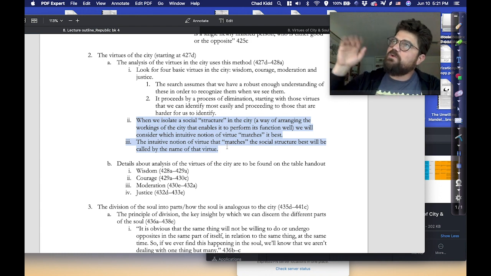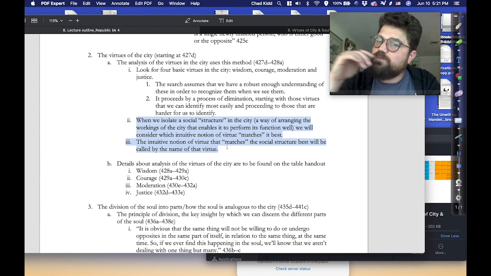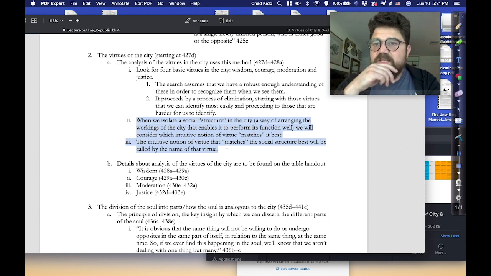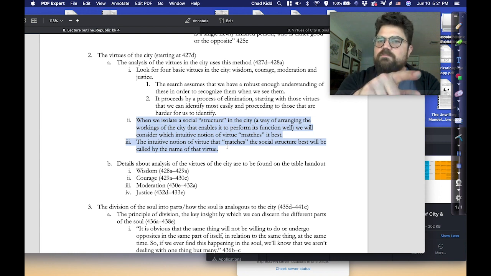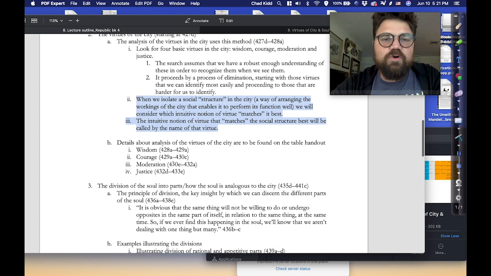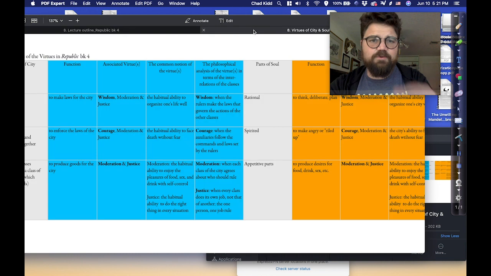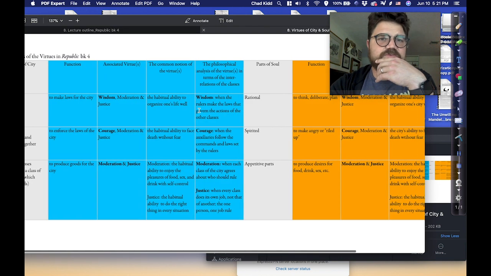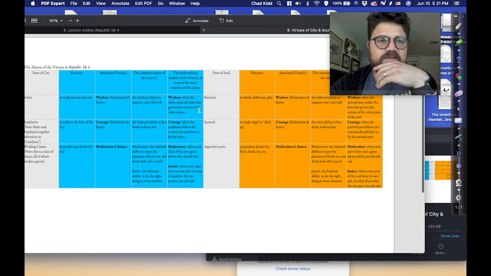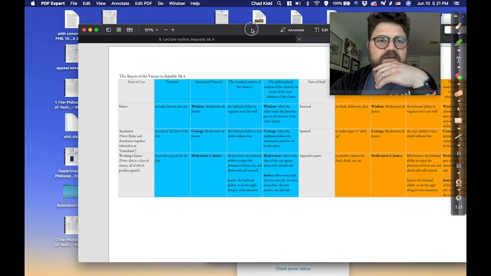He's going to start with the one that he thinks he knows best. In this case, it's wisdom. And then he's going to look in the city and he's going to say, okay, what structure that's operative in helping it to perform its function well most closely resembles wisdom? Oh, it's that one. So that one must be wisdom, right? Okay, so let's take a more concrete look at this. Well, if you look at this table that I've given you, you see that I pretty much outline this kind of process right here.